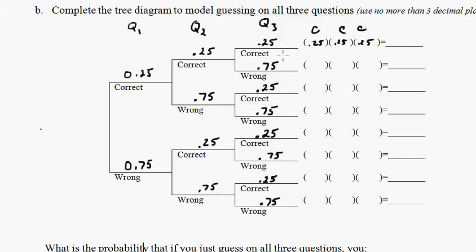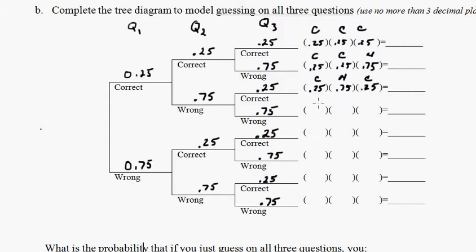Now you're going to have a correct, correct, and not correct. So it's going to be 0.25, 0.25, 0.75. And now we have a correct, not correct, correct. So it's 0.25, 0.75, 0.25.